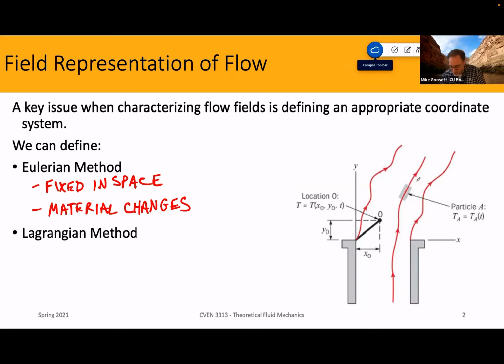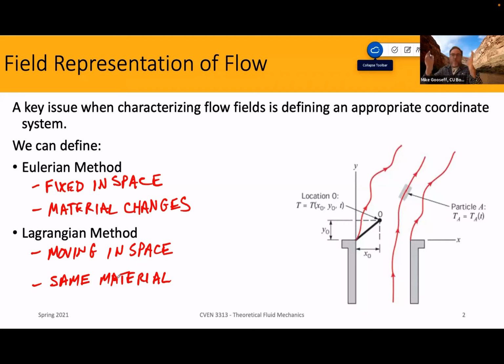So now we take a perspective where we are moving in space, and it's all the same material, right? We have one particle that we are tracking. So we are tracking how that thing is moving, and we're not looking at necessarily all the other particles coming through our field of view.